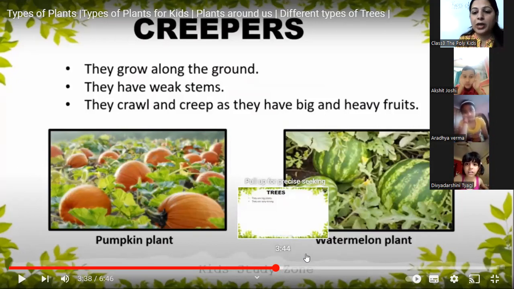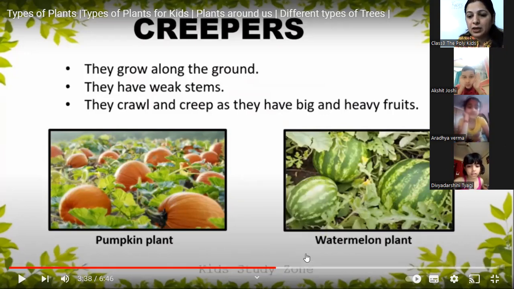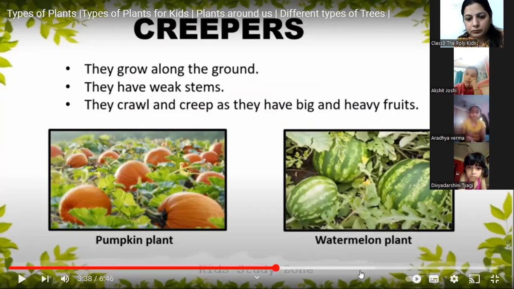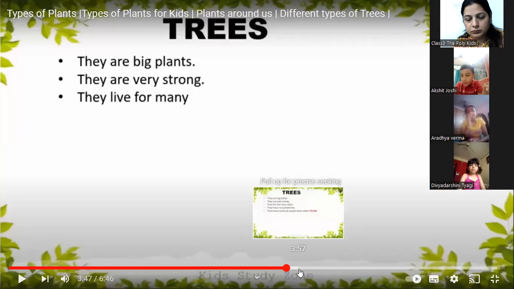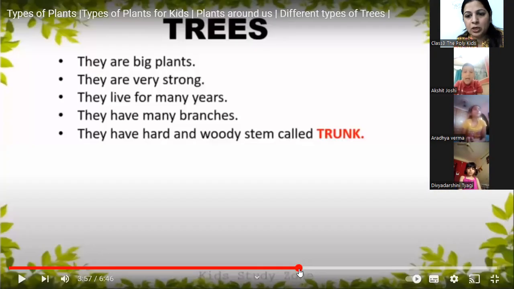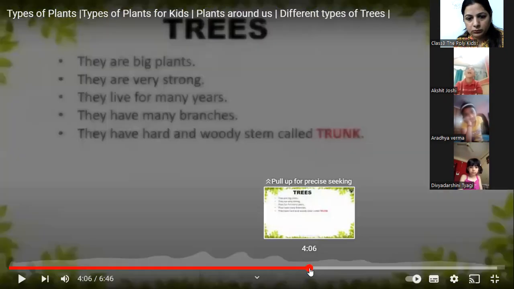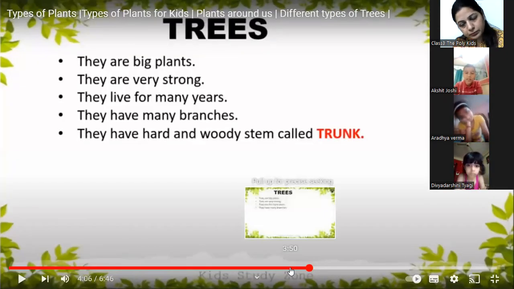Okay, Aradhya Verma, example of shrubs. Ma'am, like rose plant. Okay. Akshit, example of climbers. Unmute. Money plant, pea plant, and grapevine.